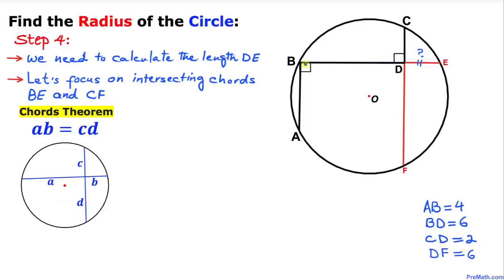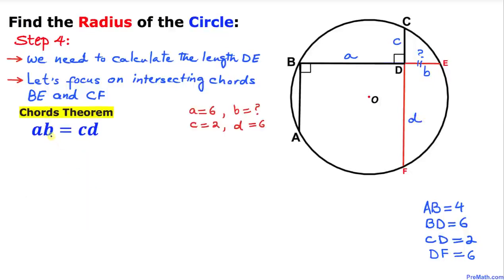So in our case, this BD is going to be our A, this DE is going to be our B, this CD is going to be C, and this DF is going to be D.